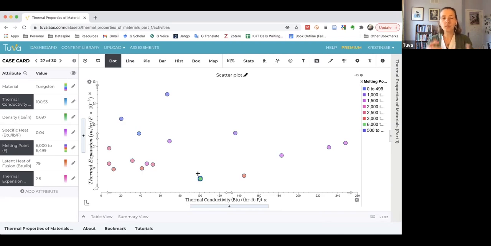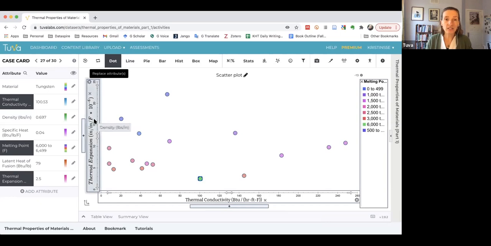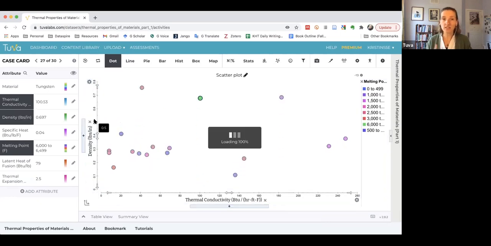And so we can explore and adapt and keep thinking about whether those are the only properties of metal that we're interested in. We could get a sense of how this varies by density, and where tungsten falls out in terms of its density.